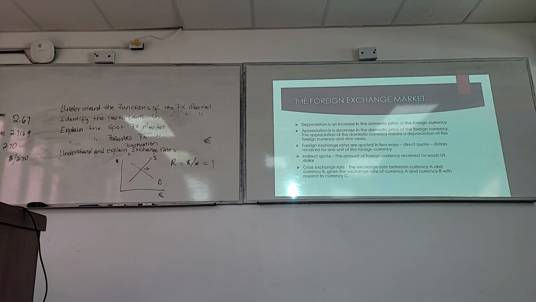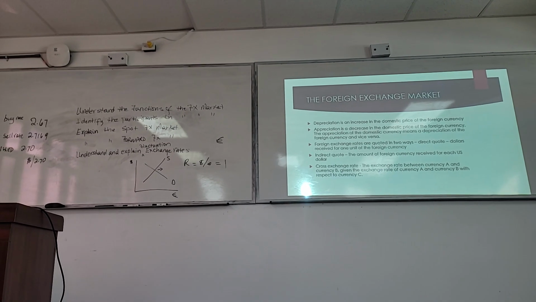But it holds true because we have 10 US and we want EC dollars. You would say it's $3.70. So it holds true. So we get 37 cents. Seems odd.